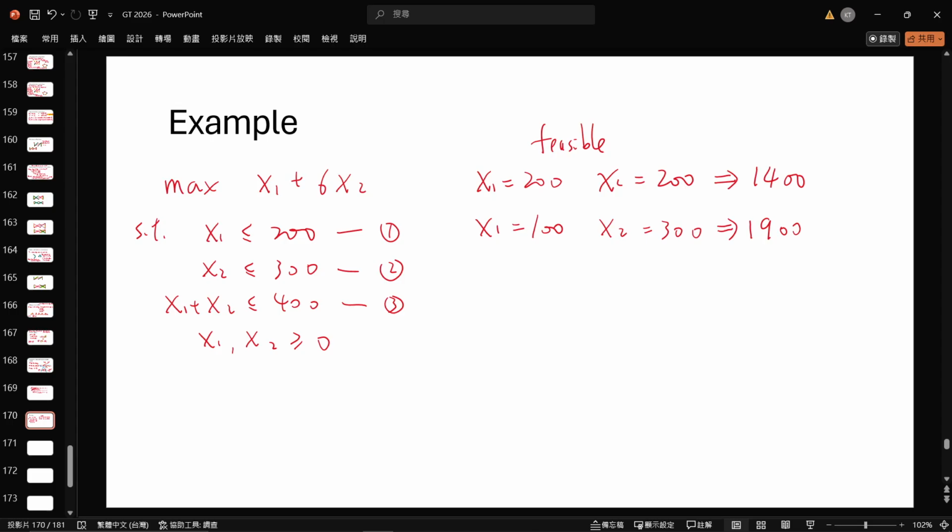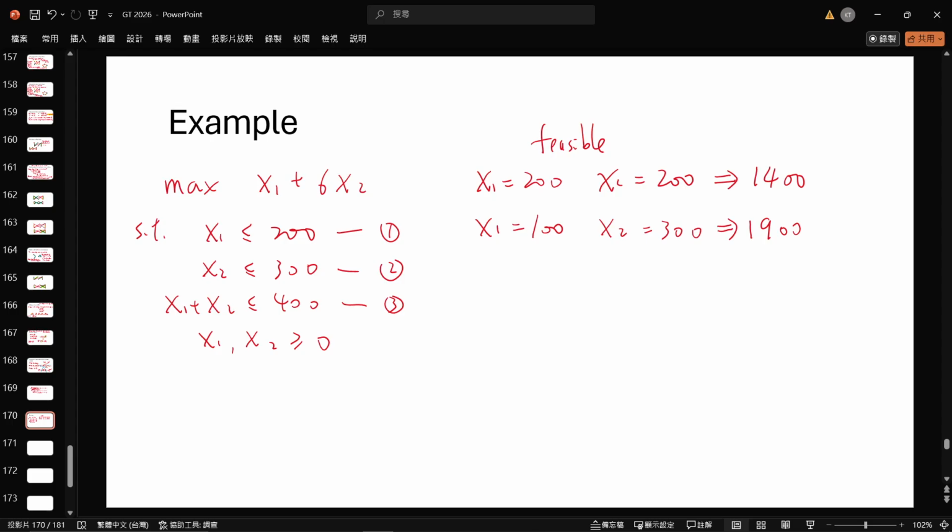So you may think, is it possible to find a better solution, a solution that can reach, for example, 2,000? Next I'm going to show you that this is impossible by giving you some certificate.